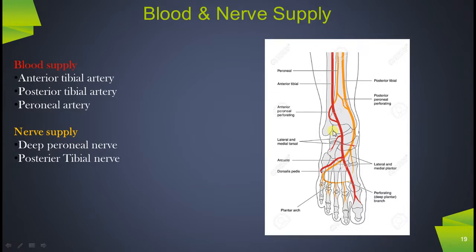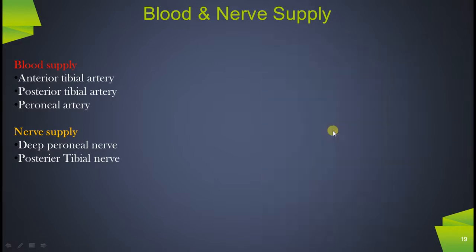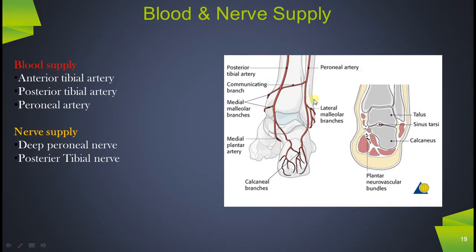The blood supply is in the form of the malleolar network, given by the medial malleolar branches of anterior tibial and posterior tibial, lateral malleolar branches of anterior tibial and posterior tibial, perforating branch, lateral tarsal branch, and arcuate arteries.